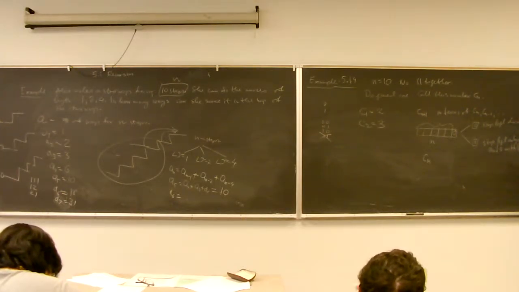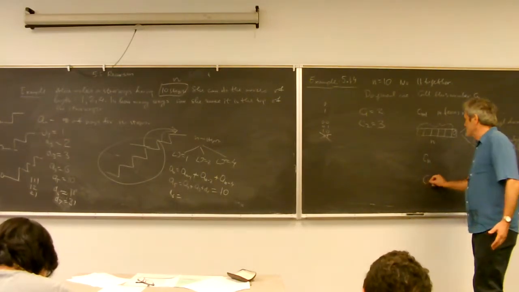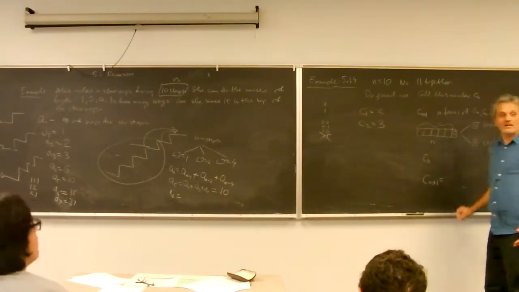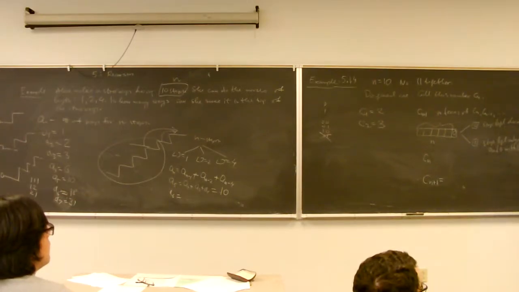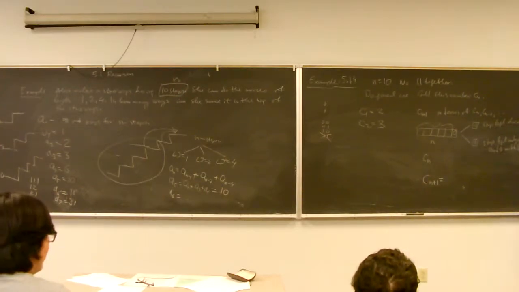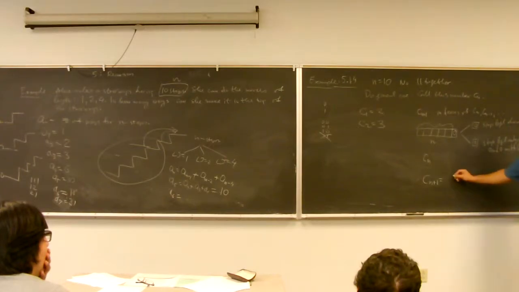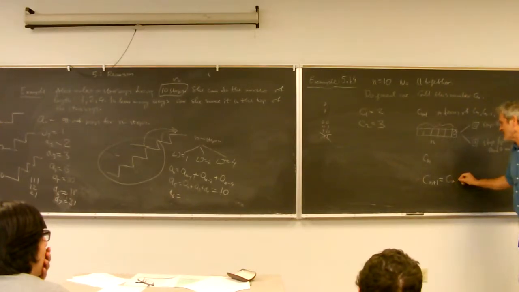And there are how many? Cn minus 1 of them. And that's it. So what am I getting then? It says Cn plus 1. Cn plus what?